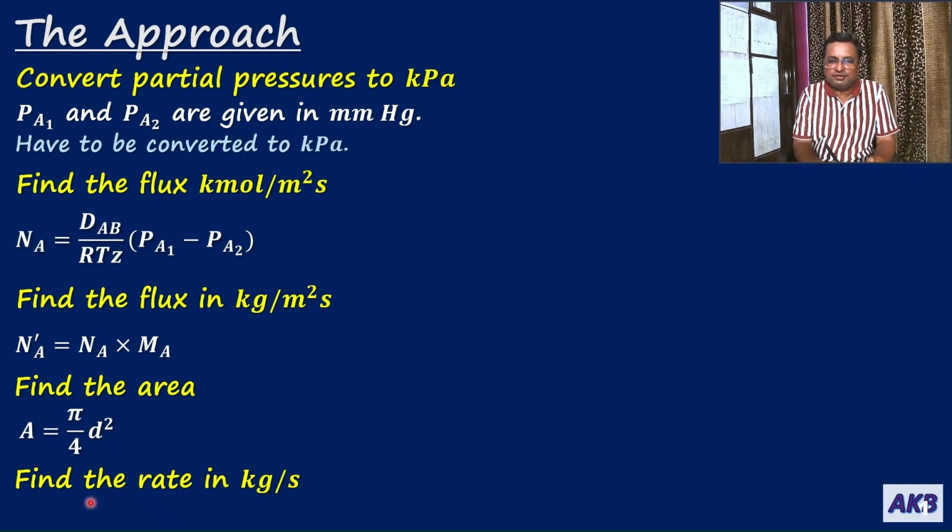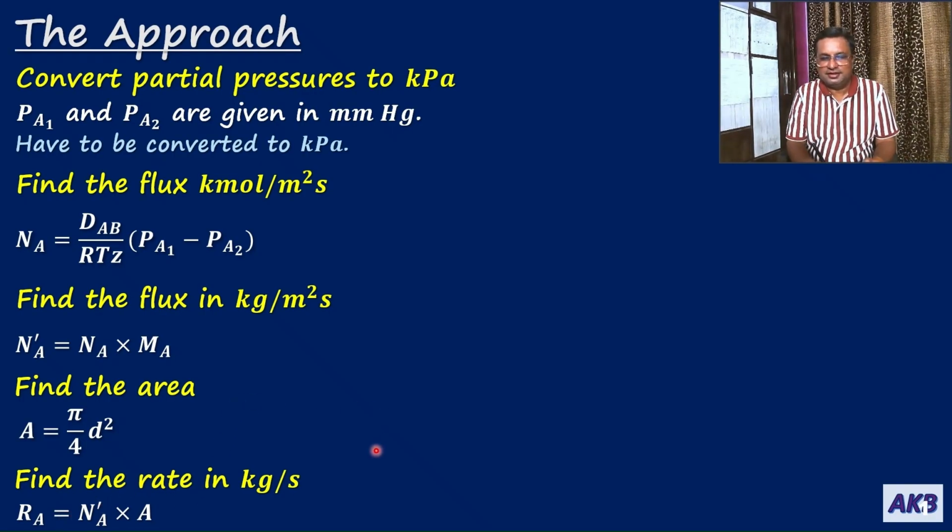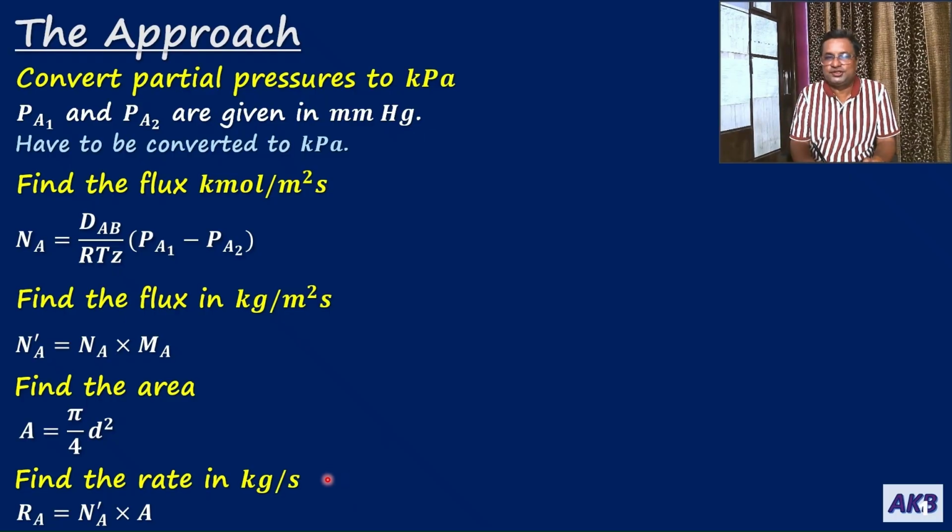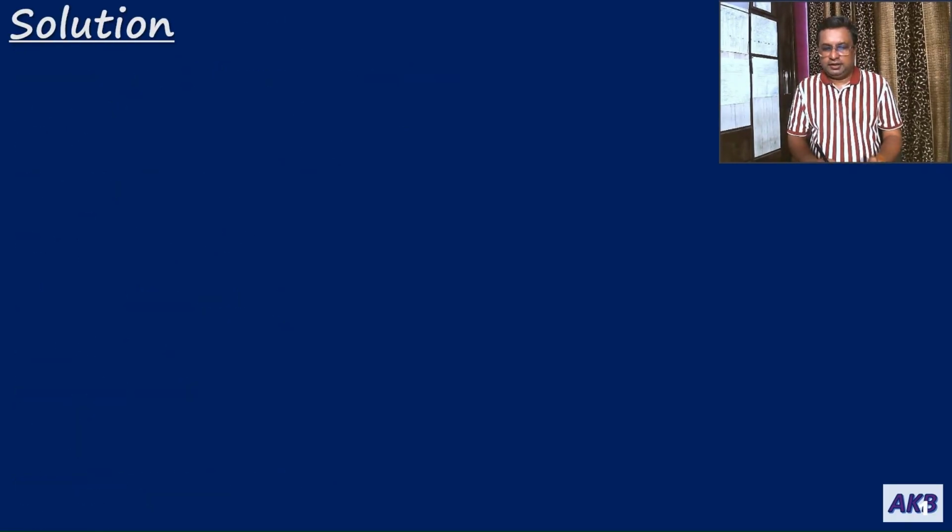Finally, we will find the rate in kg per second by multiplying the flux in kg per meter square per second with the area, and ultimately we will be reporting R_A. That will be the end of the solution for this numerical example. Let us solve it. Okay, now let us solve it.